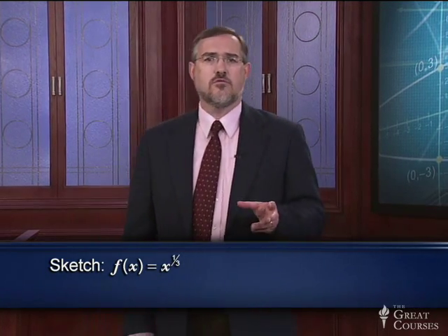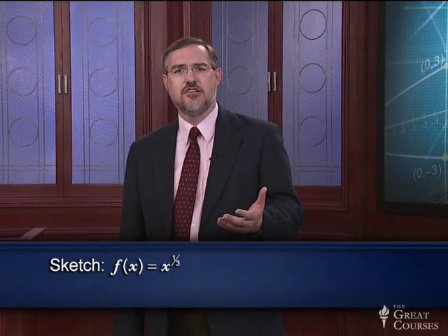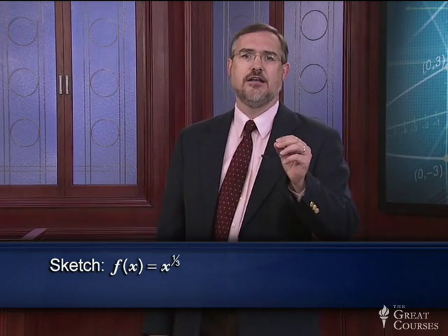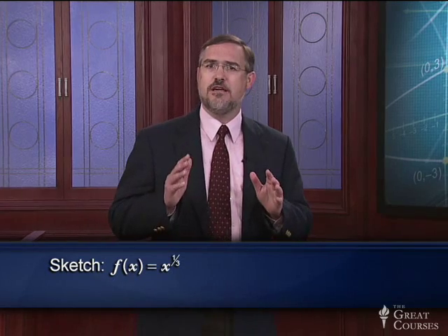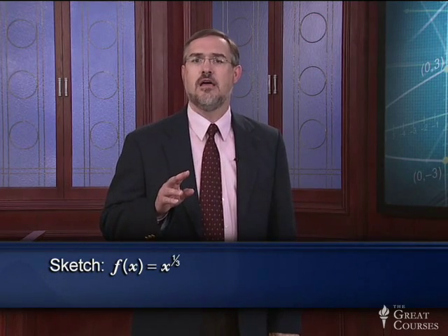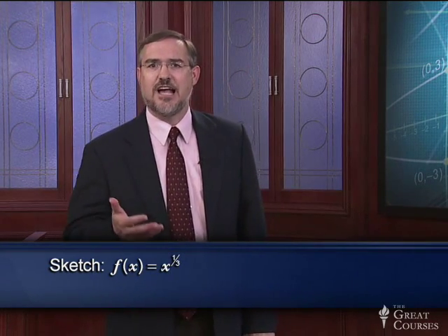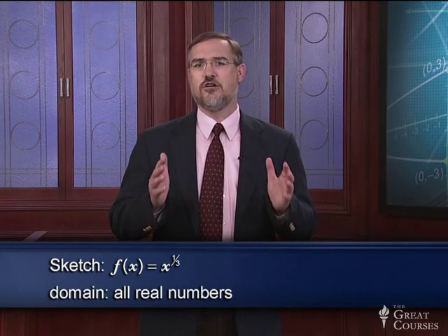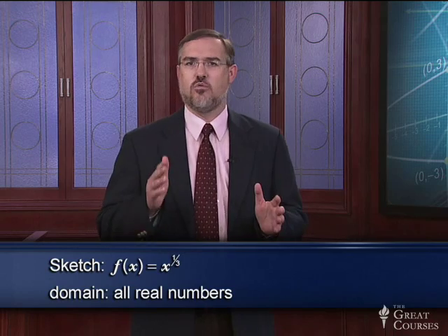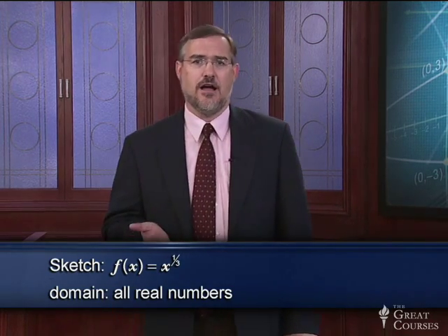Now, how is it going to look different? Well, one of the reasons is that the domain of this function is very different from the domain of the other functions, and it's all because the denominator of the fractional power is now odd. Notice that the domain of x to the 1/3 is now all real numbers. And the reason for that is, in the function f of x equals x to the 1/3, I'm allowed to plug in negative values for x.